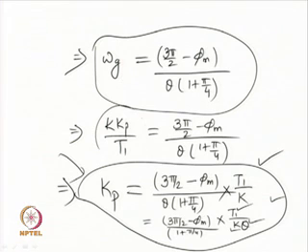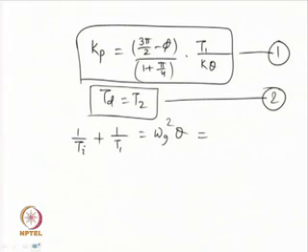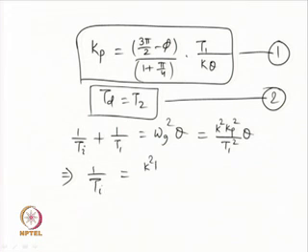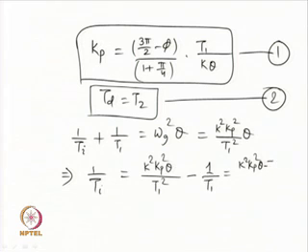Omega g is also k Kp by T1. So, this is k square Kp square by T1 square theta, which implies 1 upon Ti is equal to k square Kp square theta by T1 square minus 1 upon T1. In the numerator you will have k square Kp square theta minus T1, divided by T1 square.